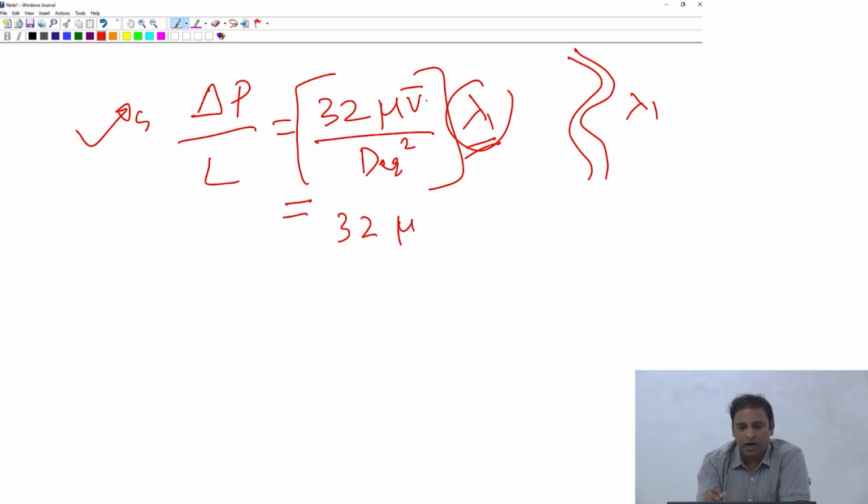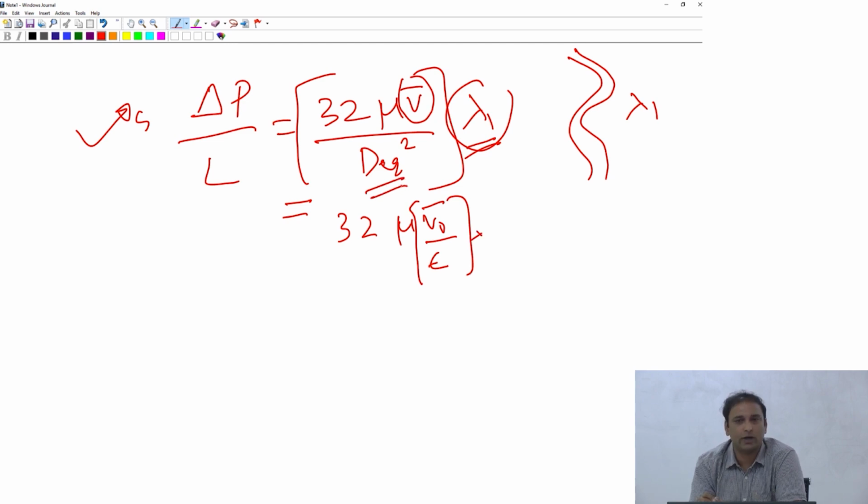That's mu, and of course this is not V bar, I would have to replace that by V naught divided by epsilon, the average velocity, and I would have to substitute for D equivalent.